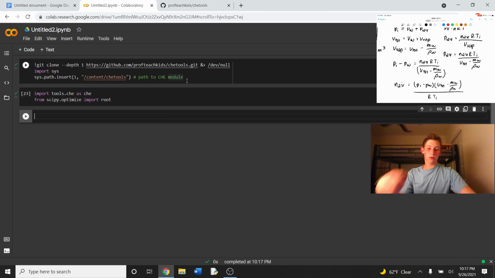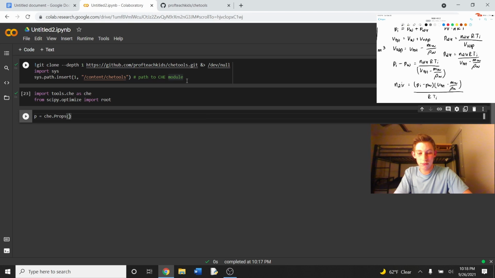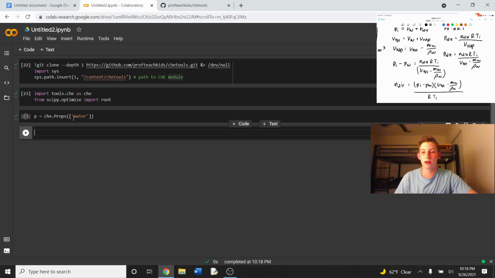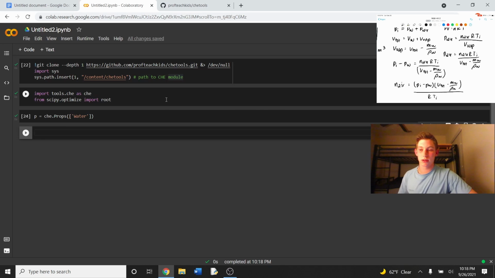So now that we have that, we're going to initialize that we want water to be our focus. So we can say p equals che.props, and then we're going to specify water here. And the cool thing about this is that we can substitute this for any sort of compound within this toolset and dataset with different compounds.